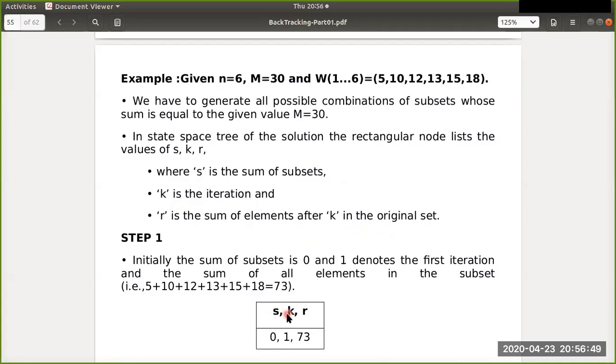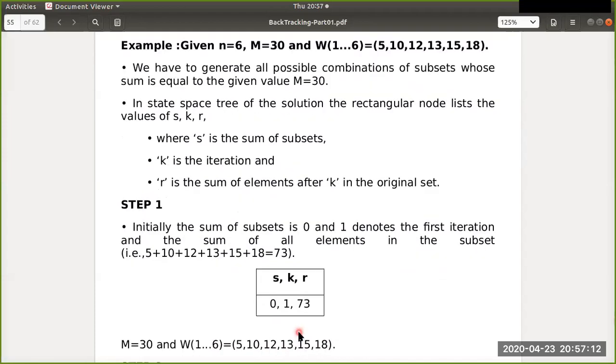You will understand that while constructing the state space tree. R is the sum of the weights of the elements, that is 5 plus 12, 10 plus 12 plus 13, which is 73. So S is 0, K is 1, and R is 73. This is the first node, the root node.